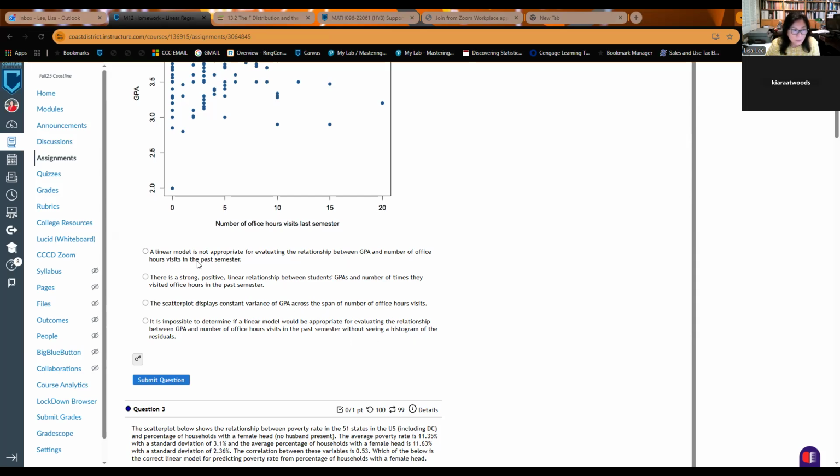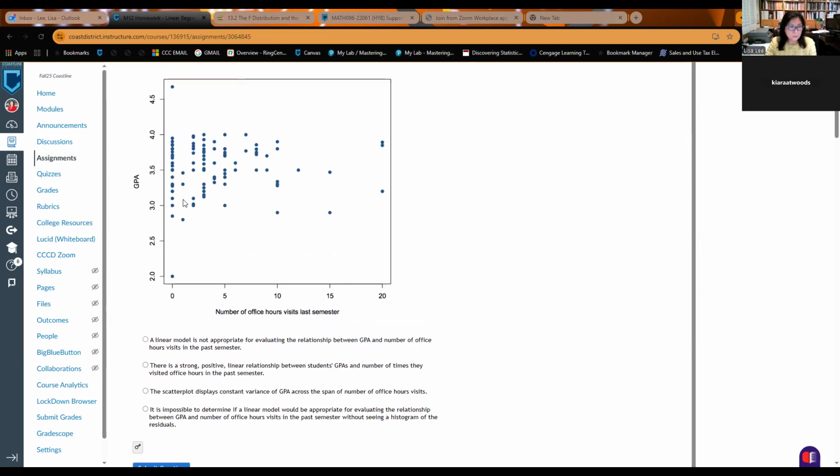But the linear model, for sure, is not appropriate for evaluating the GPA and number of office hours. I would say number one is better because the linear model is not suitable here. It's supposed to be linear, going up, but doesn't look like that. It's spread all over, everywhere about the same height.